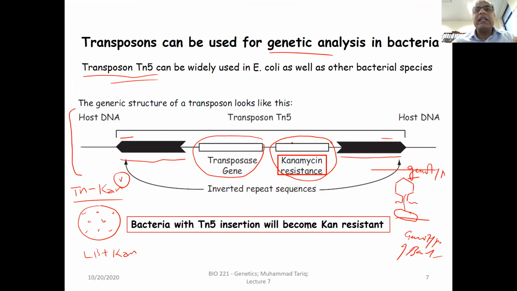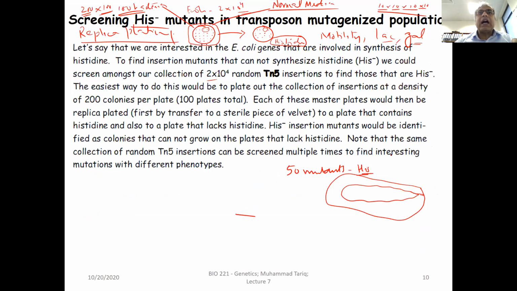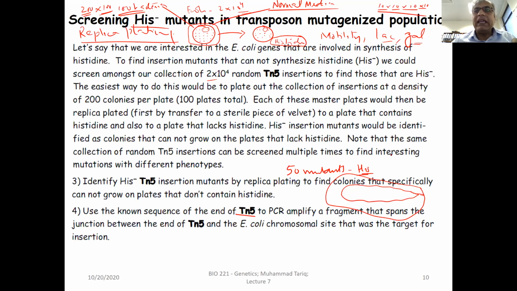We are assuming that this Tn5 has jumped into the host genome. If we know this sequence, we can simply design a primer and do a PCR, and our PCR will give us the flanking sequence in the E. coli or bacterial genome. Let's say Tn5 is sitting here.